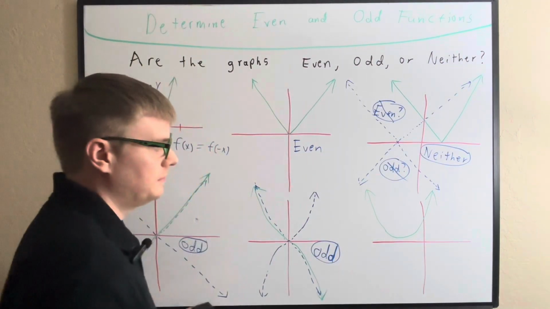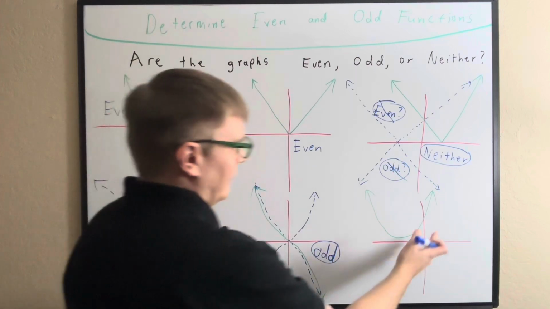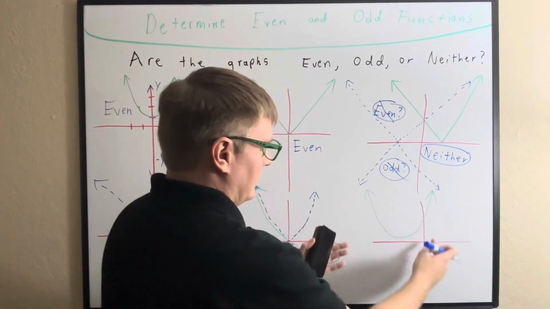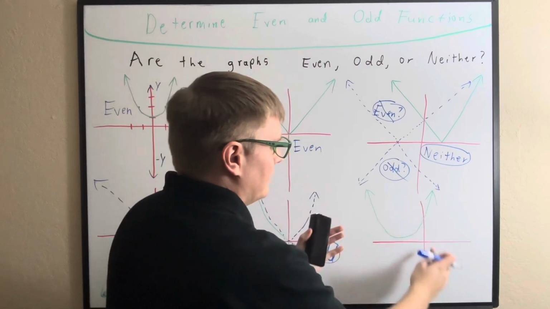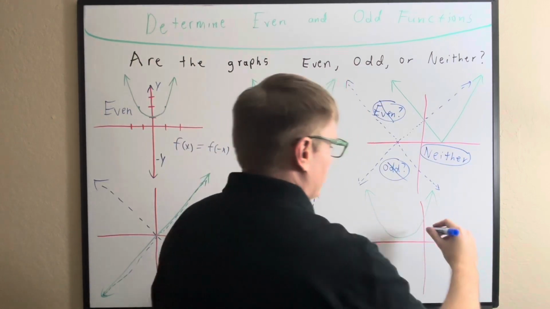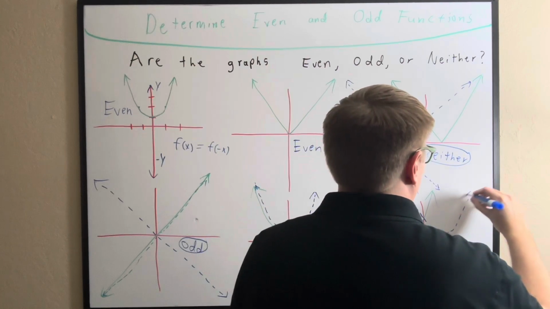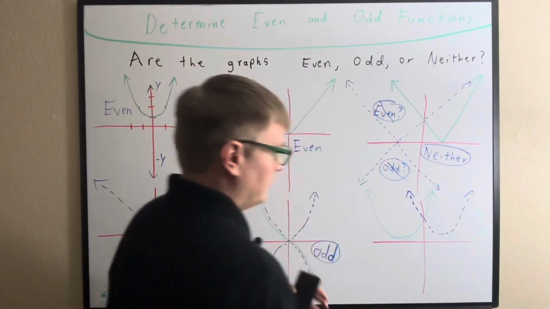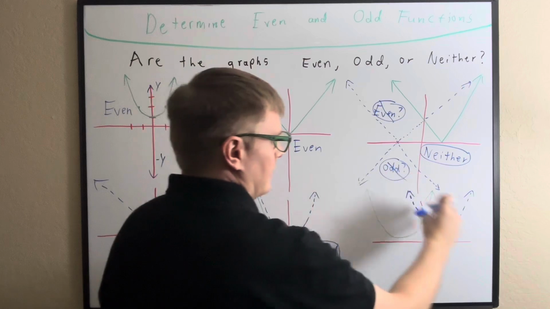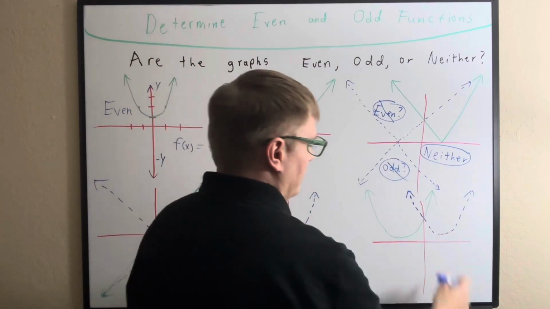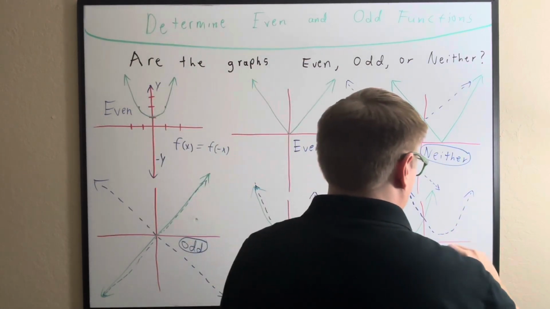And our last example, it's not symmetrical. You can tell right away. When you flip this over the y-axis, reflect it across the y-axis, you're way off. Then you reflect it again across the x-axis.